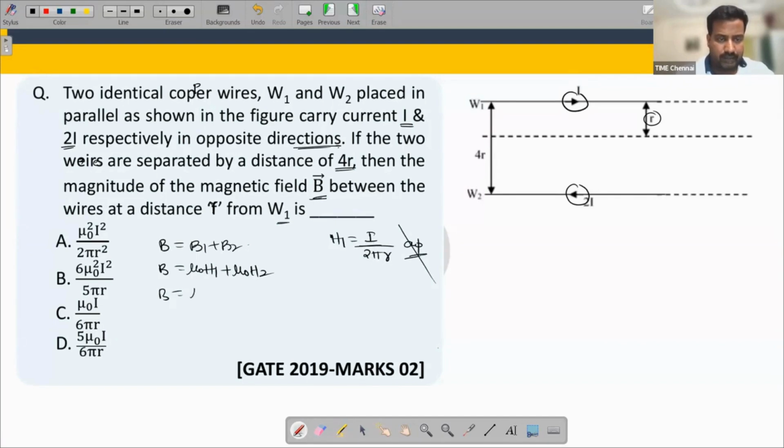So B is mu naught I by 2 pi r plus mu naught, current is 2I, by 2 pi, distance is 3r, which is 2I by 6 pi r.